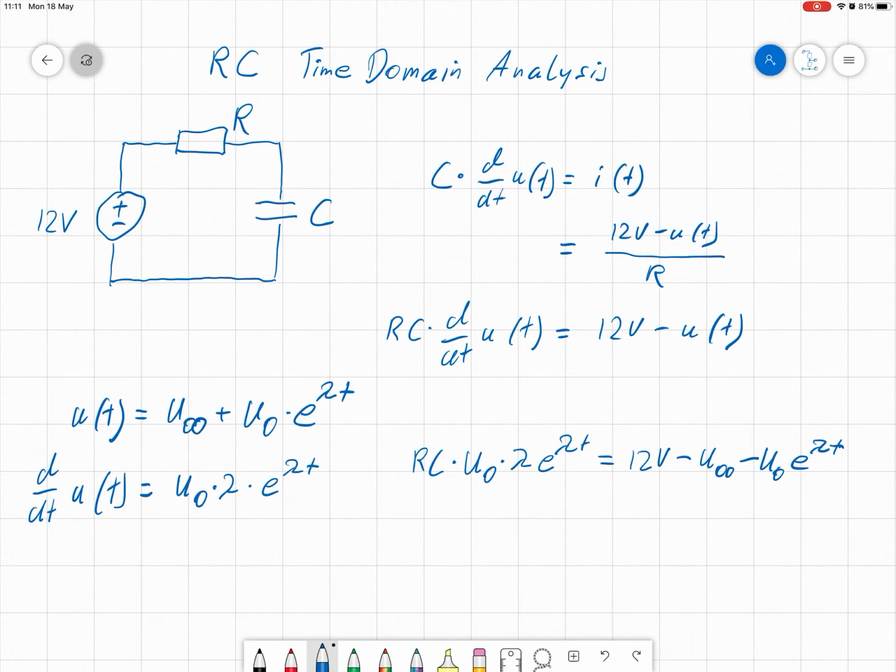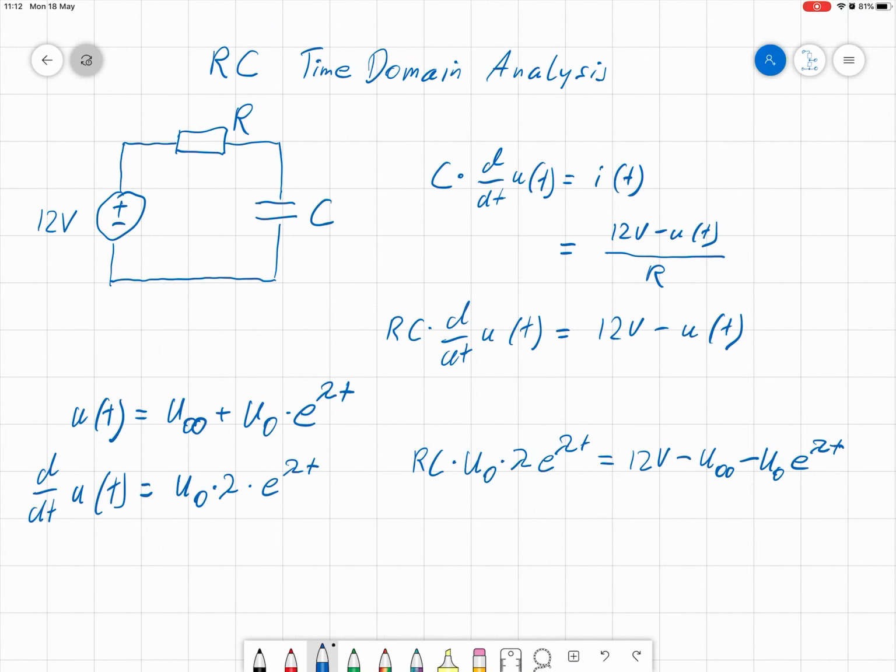And this might look a little bit confusing, but actually all we need to do is find our three parameters, U infinity, U naught, and lambda, so that this equation is always true. And we can do that by looking at similarities on both sides. So first of all, we have this constant here on the right hand side, 12 volts minus U infinity.